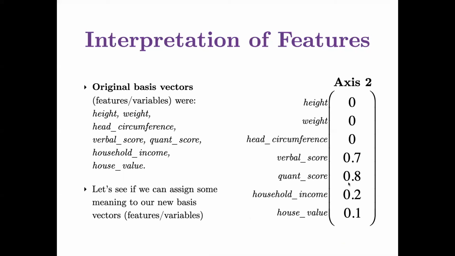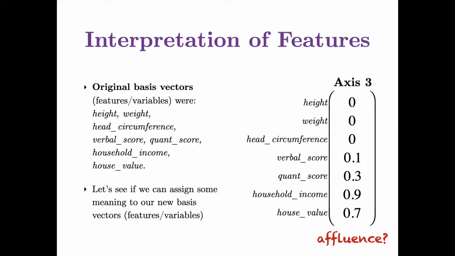However, it's clear that the largest numbers combine verbal score and quantitative score. So perhaps you might say ability or aptitude or test-taking ability. And then the final axis combines household income and house value. And perhaps we might call that affluence.